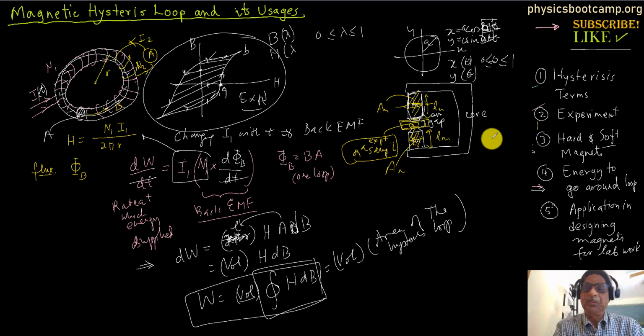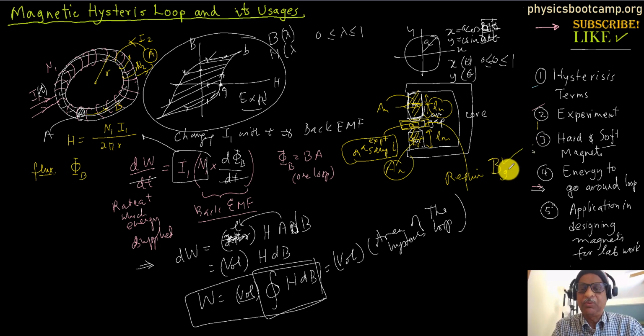So we're going to do a numerical problem to find out these quantities, given the requirement. In the gap you require some level of magnetic field, and you need to work with some length of the gap, and you want to know some area of cross section of the gap.